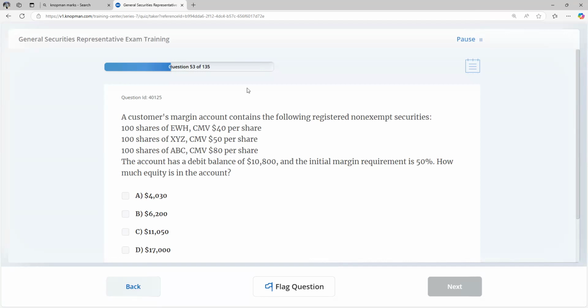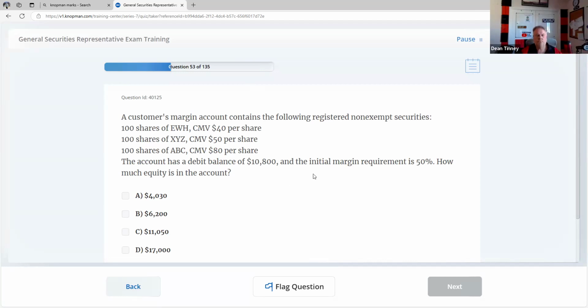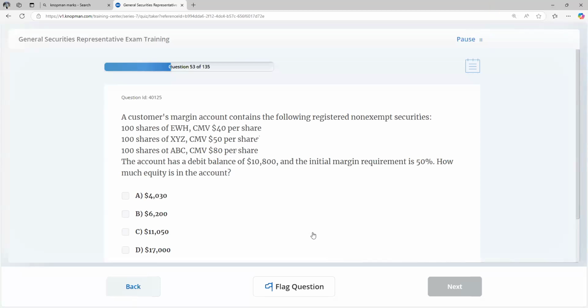4,000. 4,000 and 100. So 5. They have a debit balance.